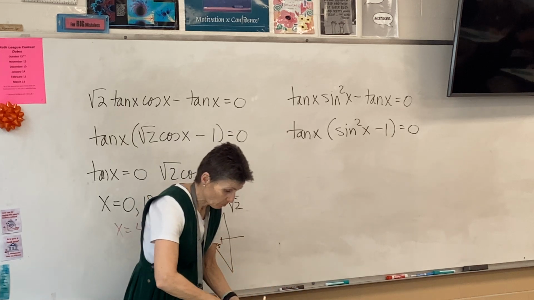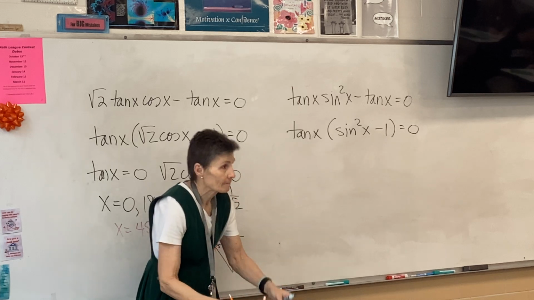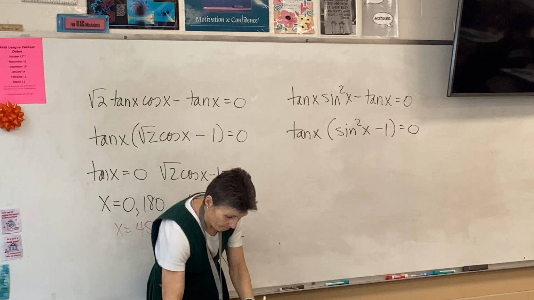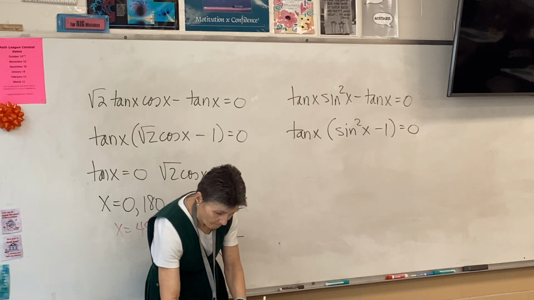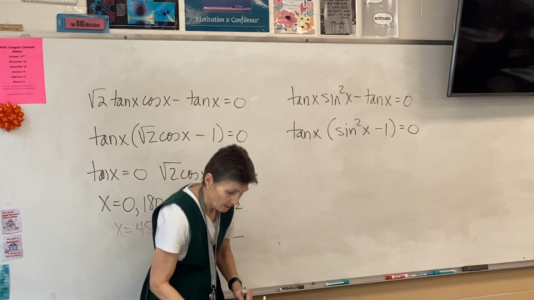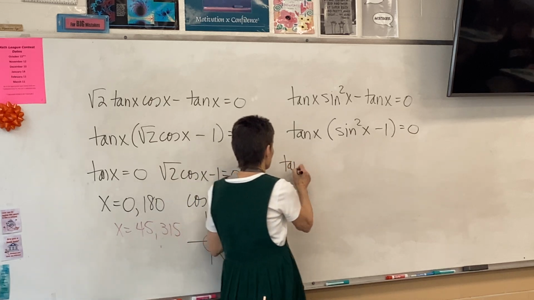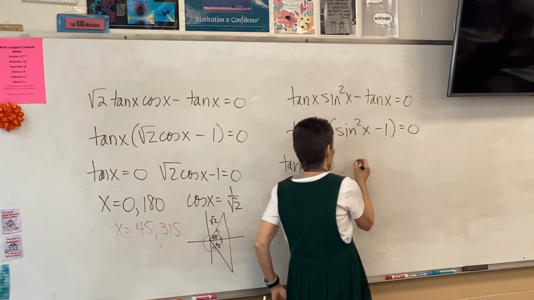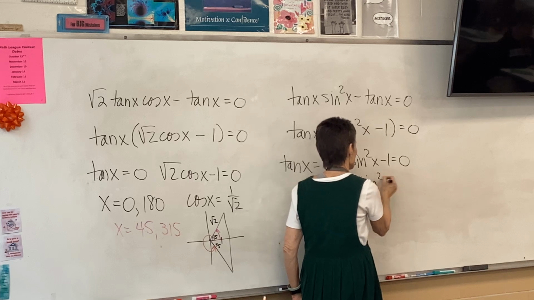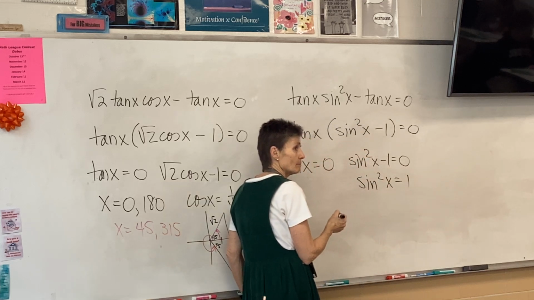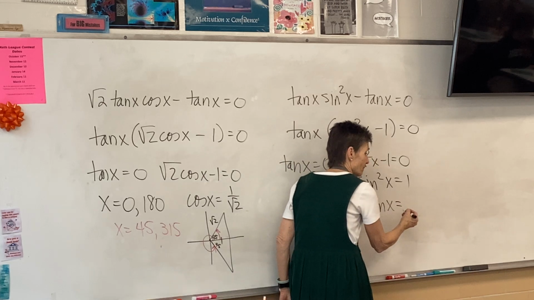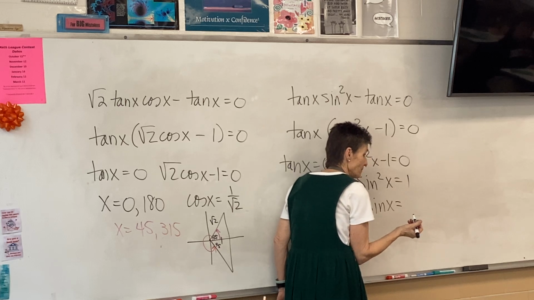So now I need to set them equal to 0. So I have tan x equals 0, and sine squared minus 1 equals 0, which means sine squared equals 1, which means sine equals, what's the square root of 1?